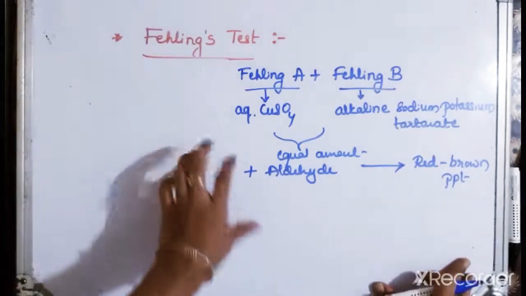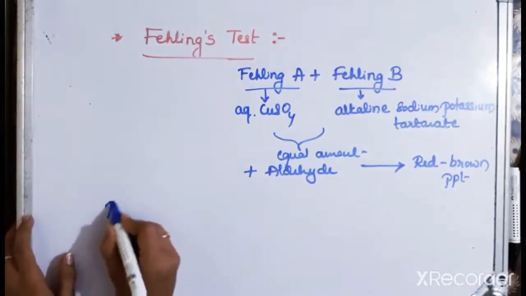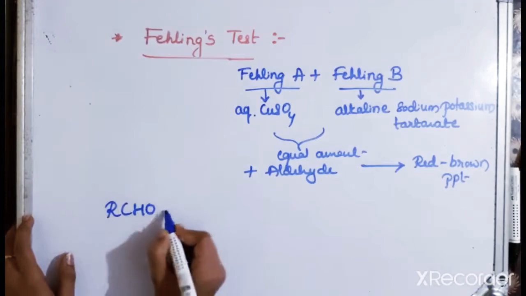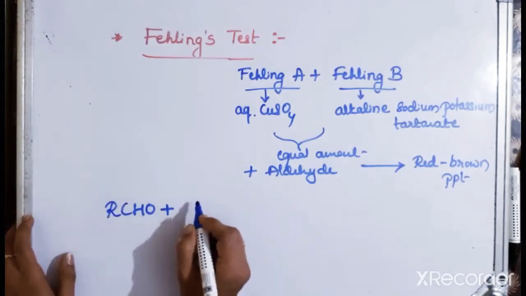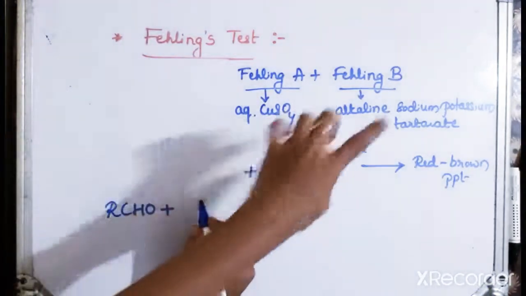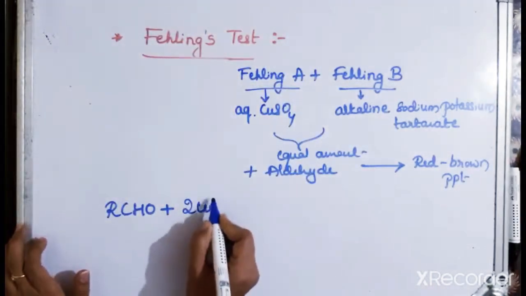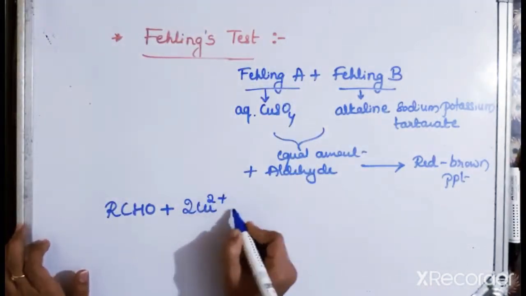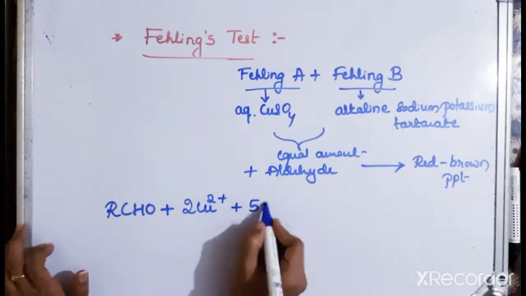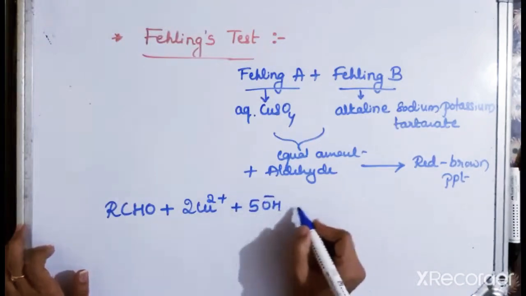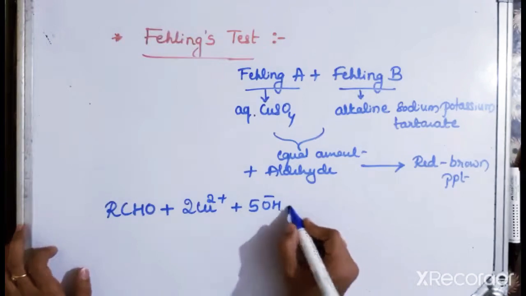Okay, so here what happens in the reaction is, whatever the aldehyde you have taken, that is treated with Fehling's A and Fehling's B solution. Fehling's A solution will be having copper ions and Fehling's B solution will be having an alkaline medium. It will be having excess of hydroxyl ions.